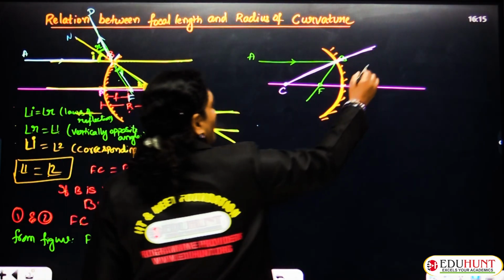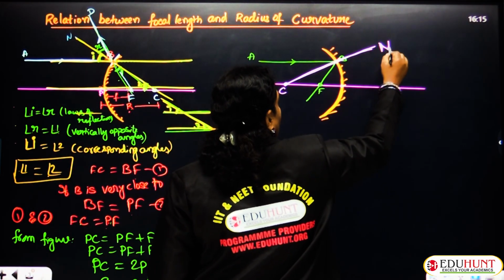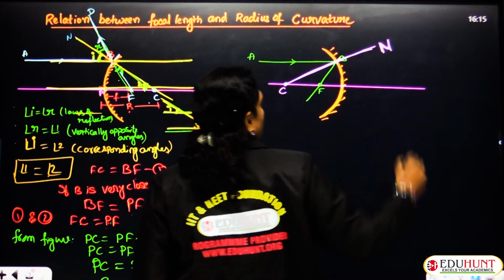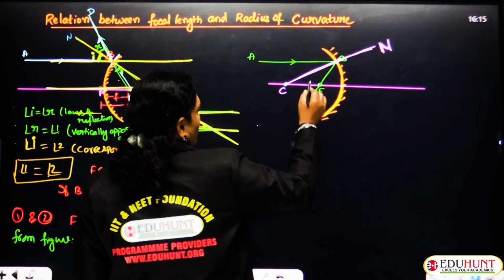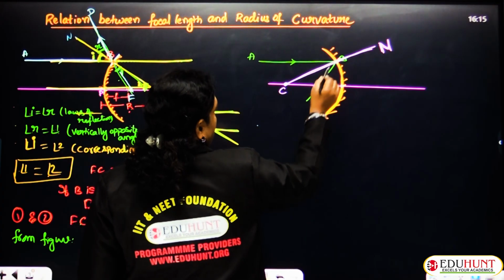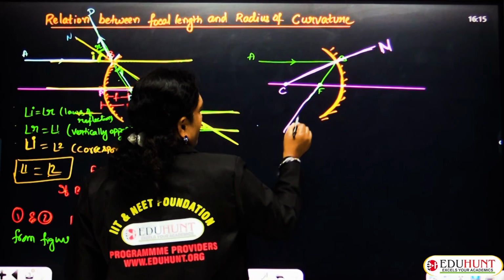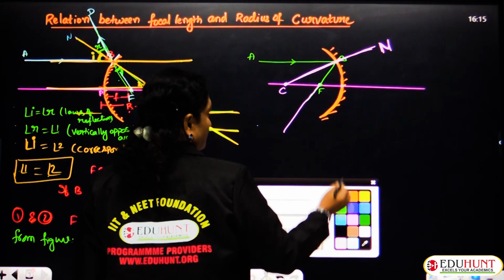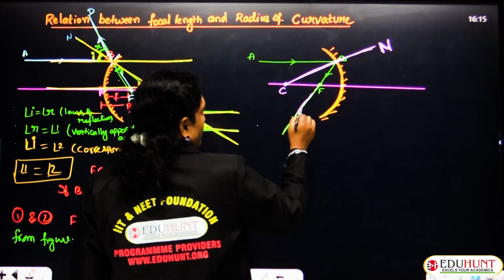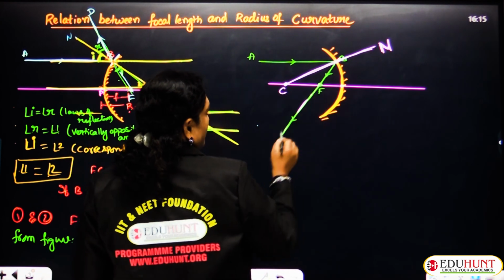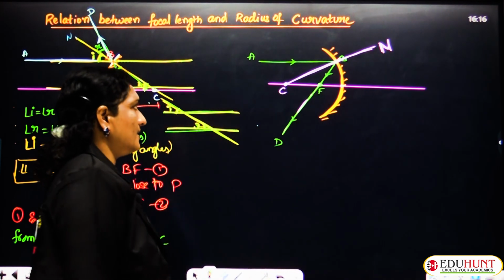So this is your normal, a perpendicular line drawn to this surface. So clearly from the figure, AB is an incident ray and BD is a reflected ray.